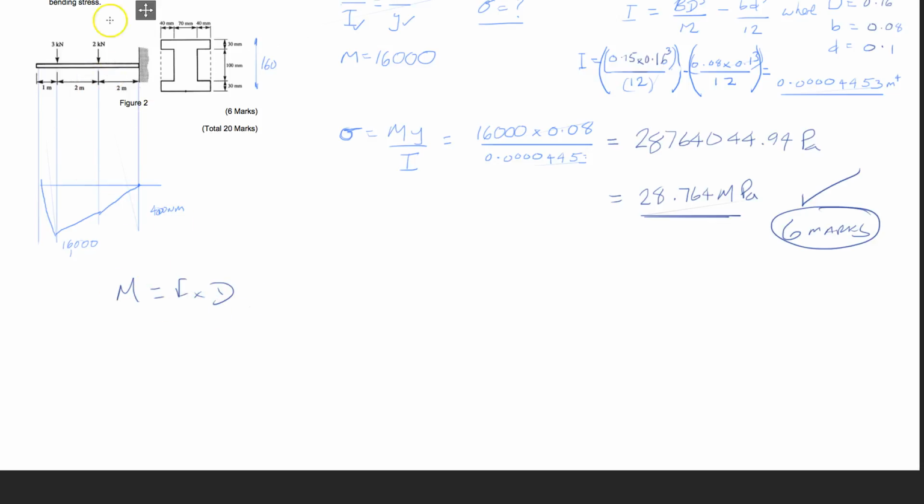Okay, if this was a beam with just one force, the maximum bending moment would simply be force times distance, and it'd be dead easy. So it'd be 2,000 times 2 if there was just that 2,000. If there's just a 3,000, it'd be 3,000 times 4, 12,000.